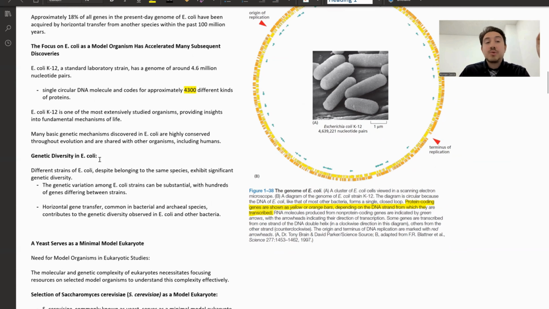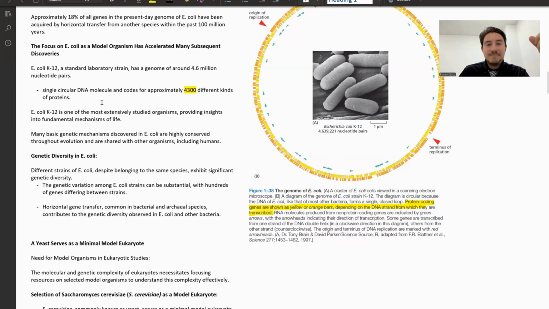E. coli K12, this is a laboratory strain that is used a lot, right? It has a genome around 4.6 million nucleotide pairs. And of course, we know bacterial DNA is circular. It's a circular DNA molecule, codes for 4,300 different kinds of proteins.